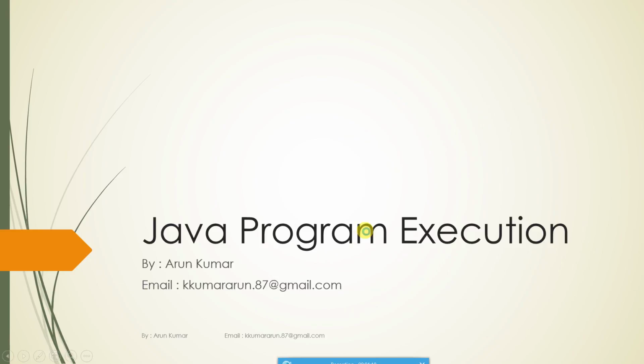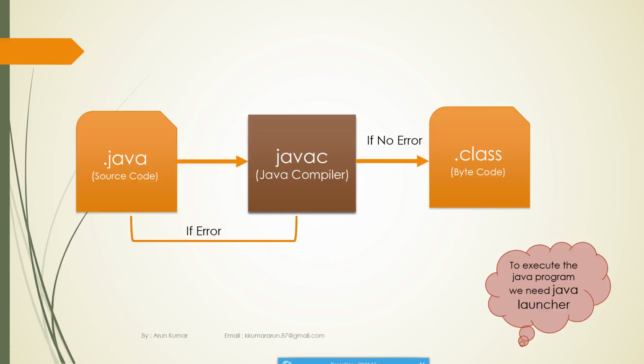So first we have to save our file with .java extension, which is a source code. Now this code is in high level language. Now we have to convert our code into the native code. But in Java, whenever you compile your code, it will convert into the class file, which is a bytecode. Only Java can understand that code.